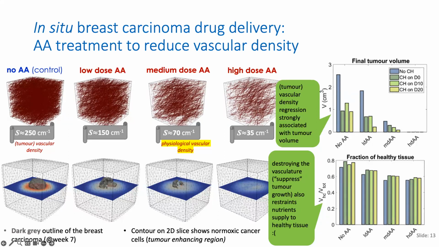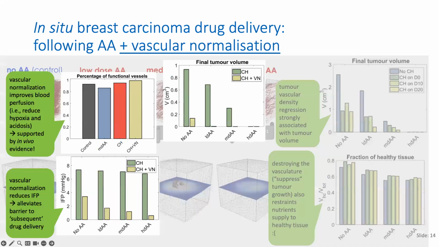By inspection of those bar plots on the right, we observe that tumor vascular density regression is strongly associated with final tumor volume. But unfortunately, as we destroy the vascular network and prevent the tumor from growing, we are also limiting nutrient supply to other tissues as well. Now, in the other treatment scenario of vascular normalization, we observe a substantial reduction in the interstitial fluid pressure, which is considered by many cancer biologists to be a firewall for drug delivery.